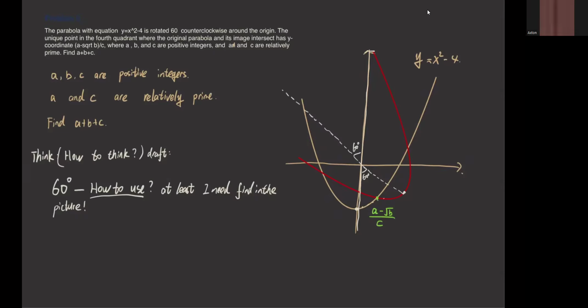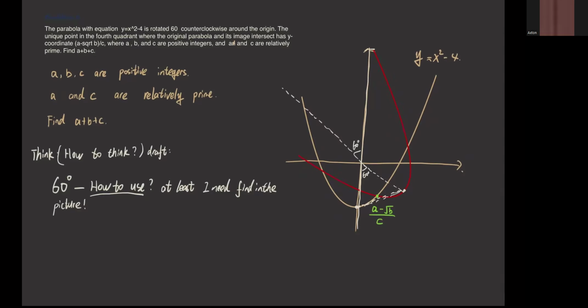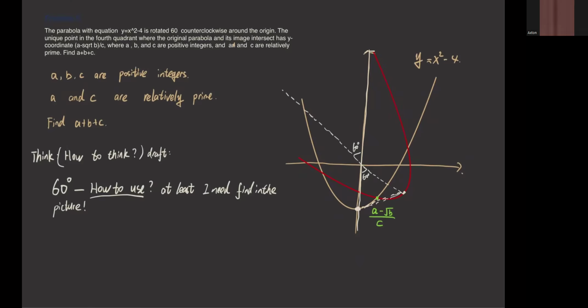This is 60 degrees. And as you can see, every point on this line has a symmetrical point, right?